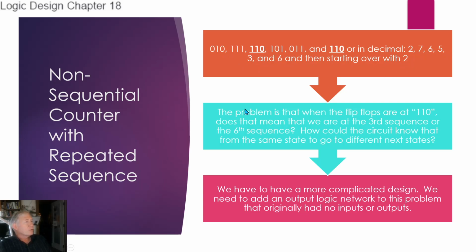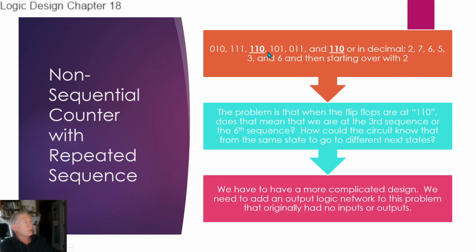All right, so the problem here is that when the flip-flops are at the count 1, 1, 0, which occurs in, so this would be S0, S1, S2, so this would be an S2, or the third sequence, or S3, 4, 5, or S5.